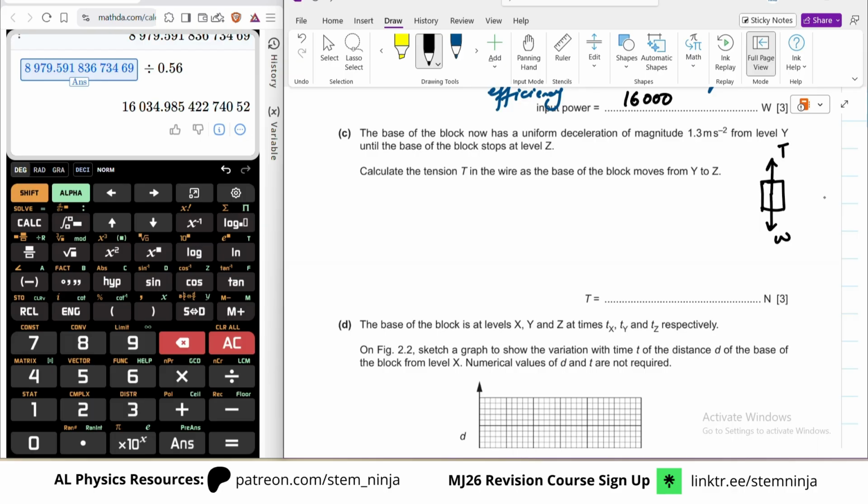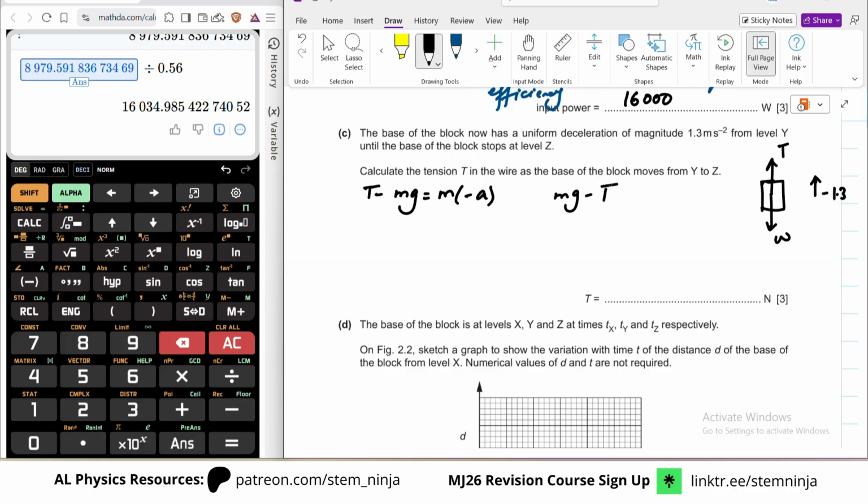Tension is upwards. However, the acceleration upwards is negative 1.3 meters per second squared. So if we write it as T minus mg, we will have to write m times minus a. Okay, so this would mean that you could do the mg minus also.